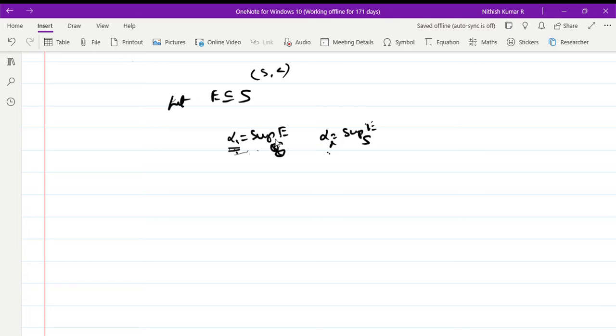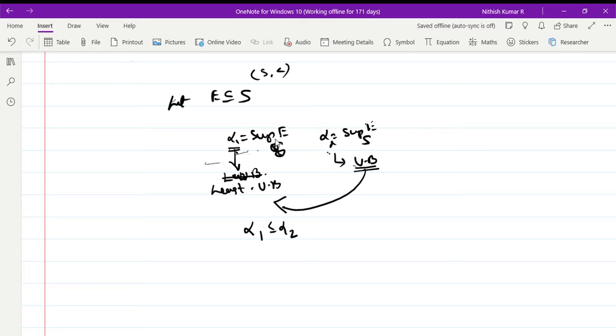Now observe, alpha 1 is a least upper bound, and alpha 2 is an upper bound. Considering alpha 2 just as an upper bound, we get alpha 1 is less than or equal to alpha 2, because alpha 1 is the least upper bound.